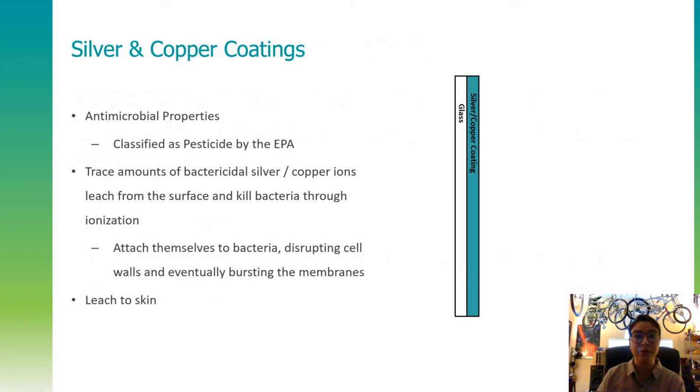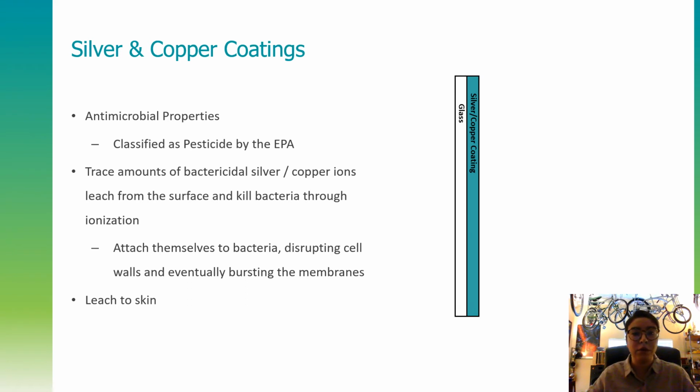Now we'll go into silver and copper coatings. This is something that we're starting to see a lot more of recently. Silver and copper have always been known to have natural antimicrobial properties. But one thing to note is that a lot of these products, if you're buying them, have to be registered through the EPA.